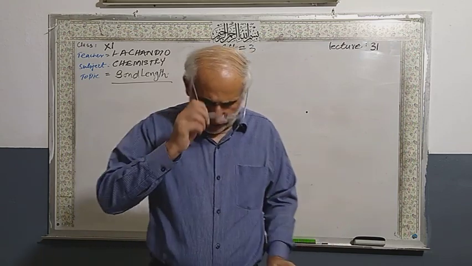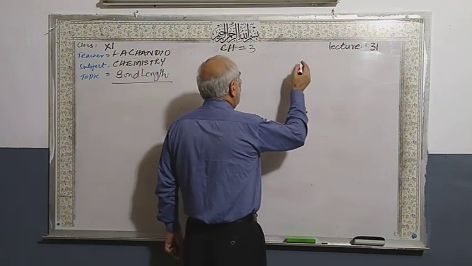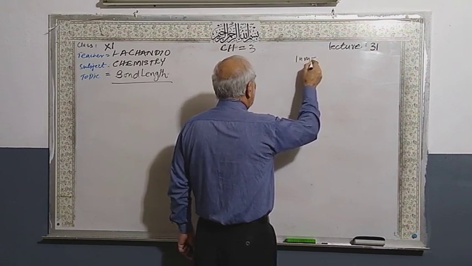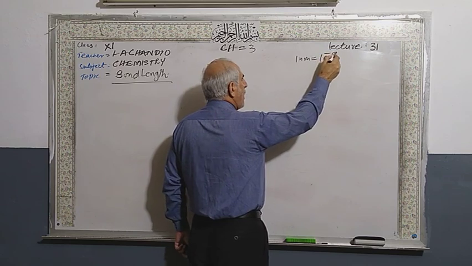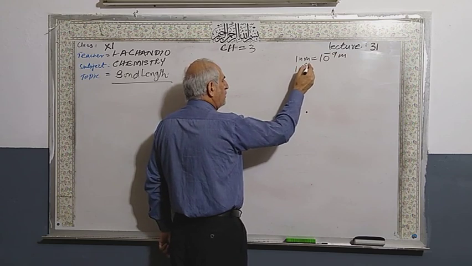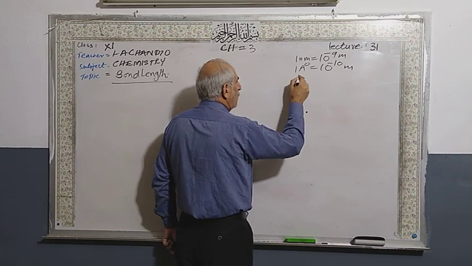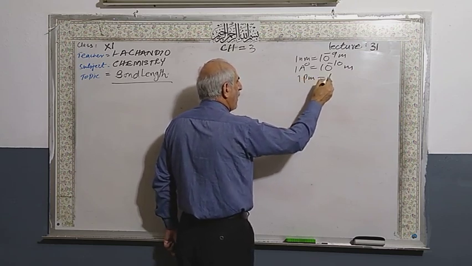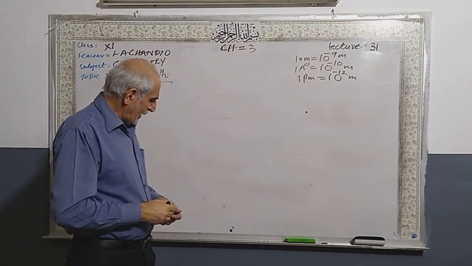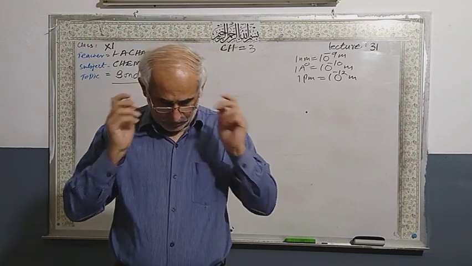So it is going to be measured, I told you, in the form of nanometers. 1 nanometer is equal to 10⁻⁹ meters. 1 angstrom is 10⁻¹⁰ meters. 1 picometer is 10⁻¹² meters. So in these units, usually we measure the bond length.